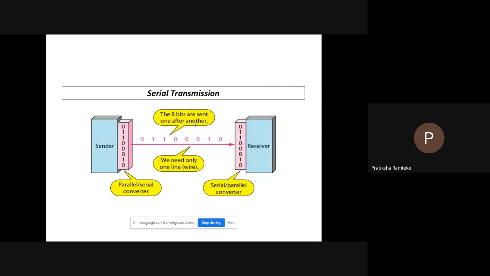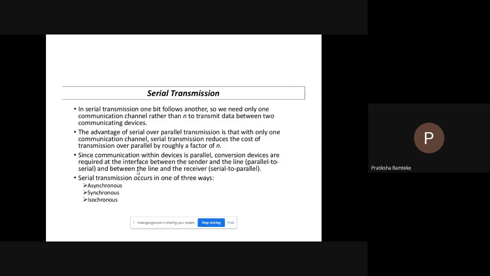So the cost of this transmission is less as compared to parallel, because we use only one communication channel for sending the data.